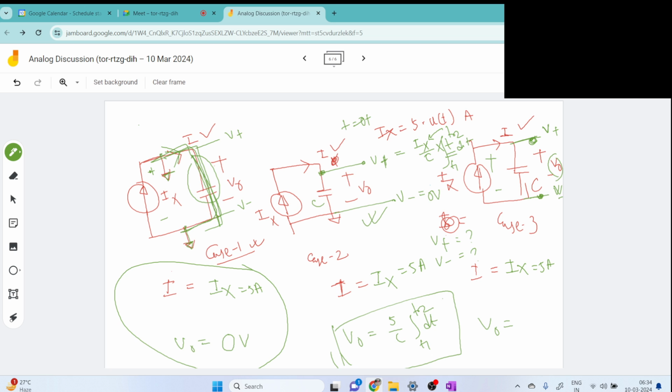For the current, if I write this, it should be the change in the voltage, dV by dt, right? I will be C dV/dt. So this dV is the change in the voltage across the capacitance.